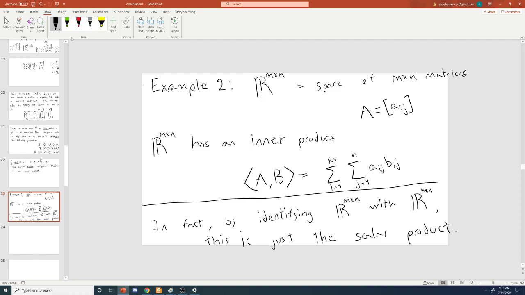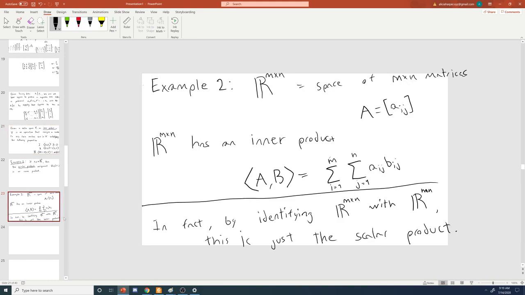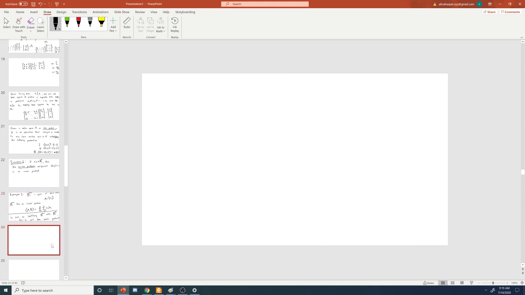So there's nothing really new in this example, but it does show that we can define inner products not just for Rn, but also for spaces of matrices, even though secretly this is also the case in Rn. The next example is more interesting.